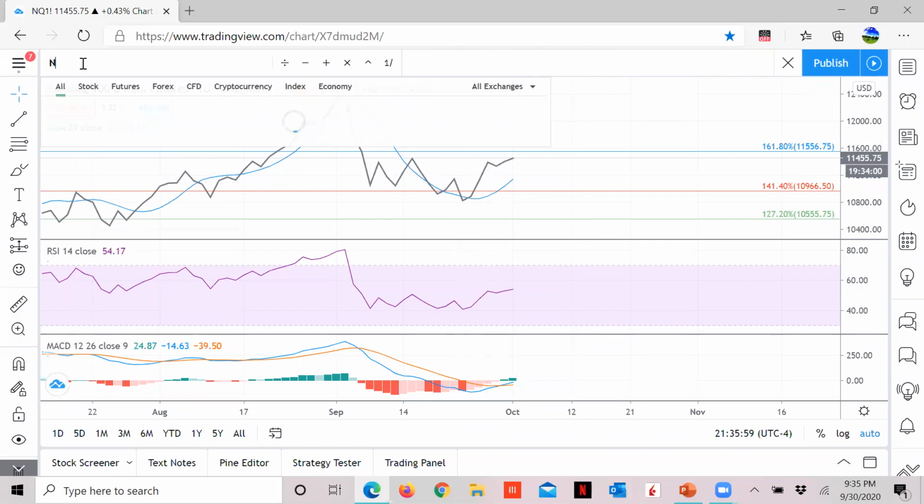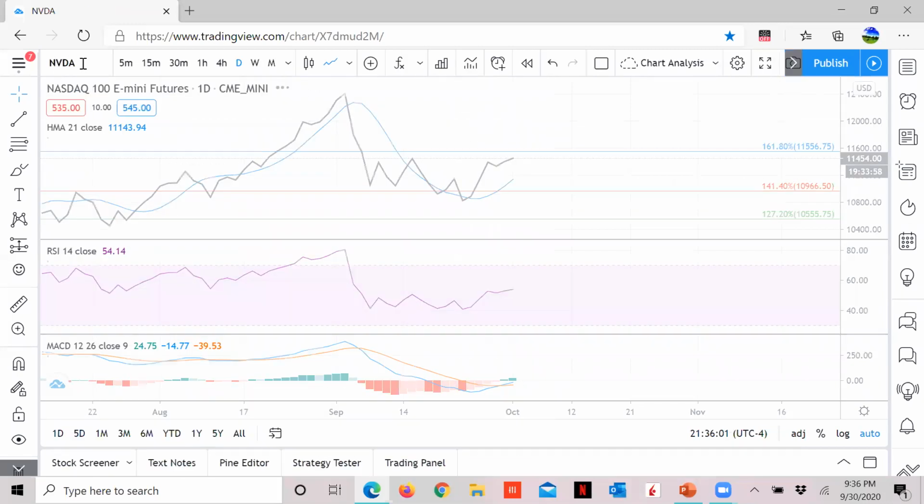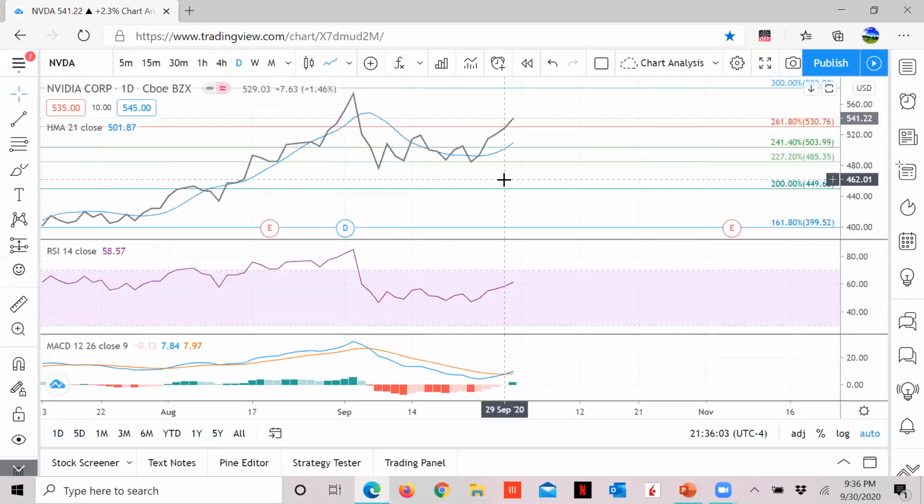Let's quickly look at NVIDIA and see. So the support level was 485. You see, from 8th September till 23rd September, roughly 15 days, it hit like 472 or 473, then it shot up, came back down, double bottom, then it shot up.